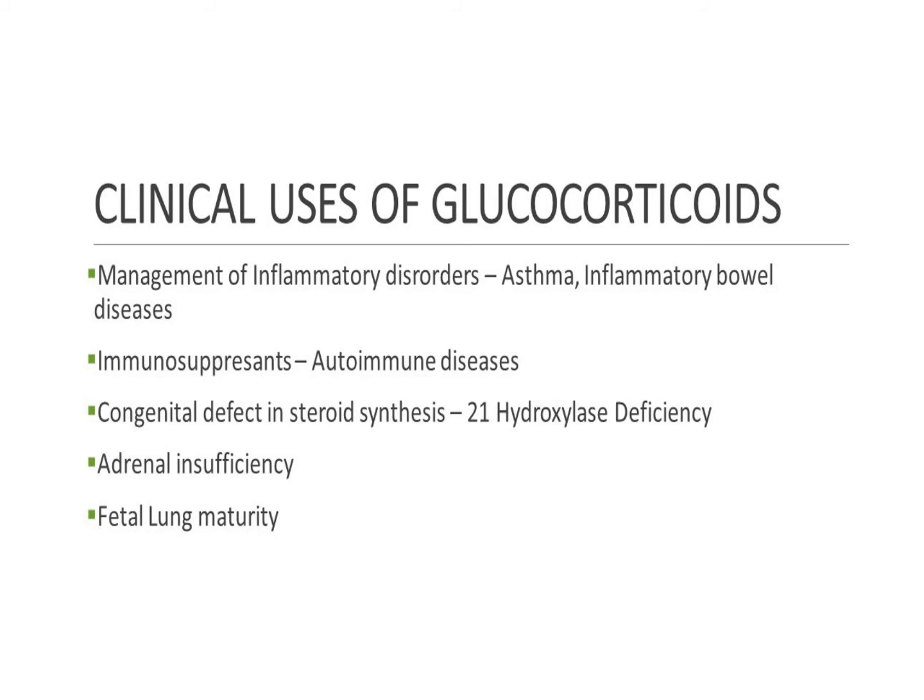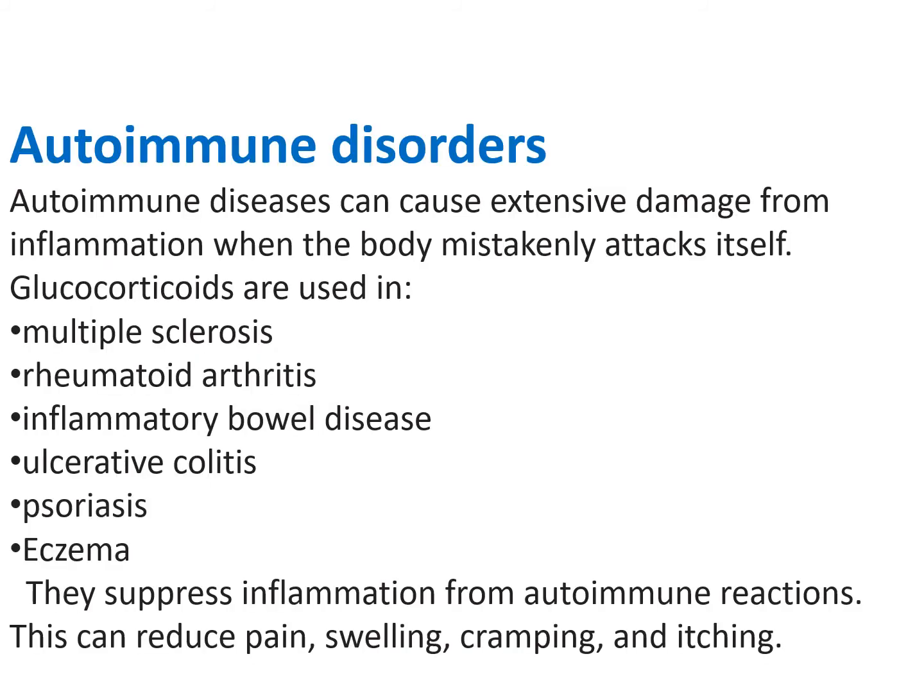What does it mean? That if the adrenal gland is not producing sufficient steroid internally, then we give synthetic corticosteroid. And in the last, as we all read, it is used for fetal lung maturity. We will study a bit about its uses.